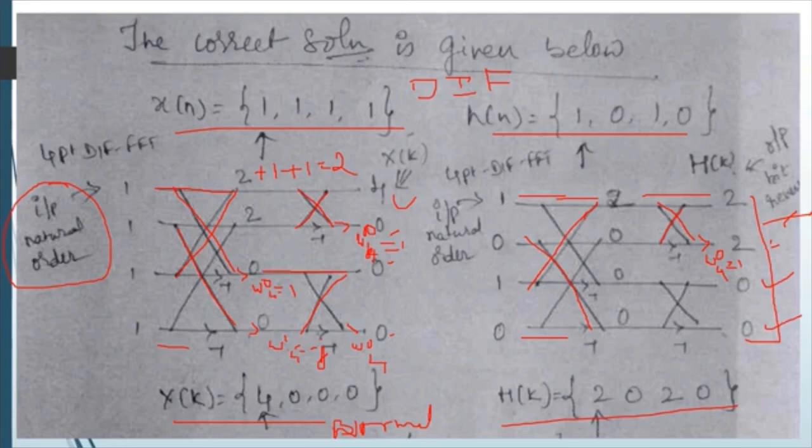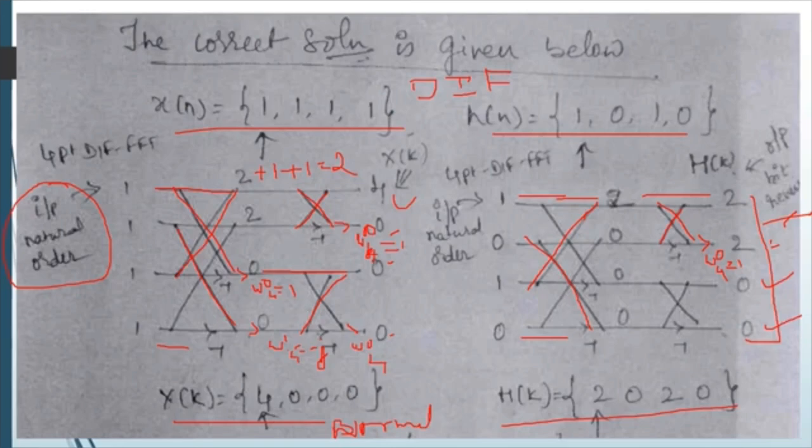Similarly, obtain the output for h of n. Here you get 1. Here 1 is traveling here, and on the other side 1 is traveling here, so we'll get 1. 0 is the point, and 0 is coming here.